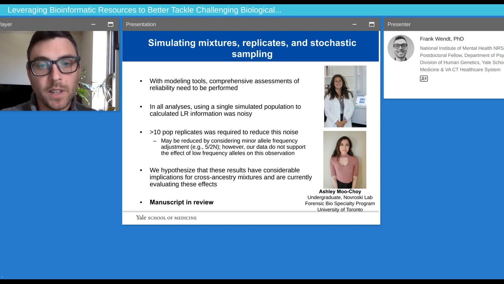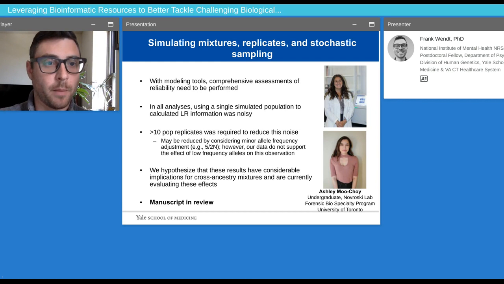Given the many Hardy-Weinberg equilibrium deviations and the Hispanic population non-contributor likelihood ratios that we observed, we have a standing hypothesis that our results have considerable implications for cross-ancestry mixtures. These studies are currently underway, being led by students from Nicole Novroski's lab.